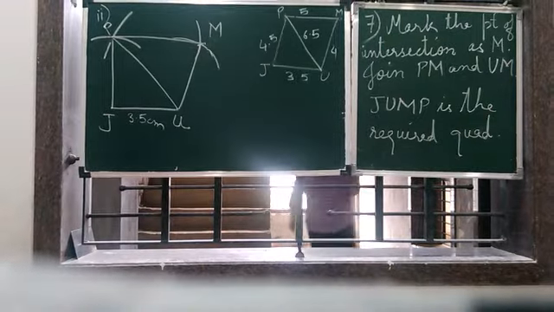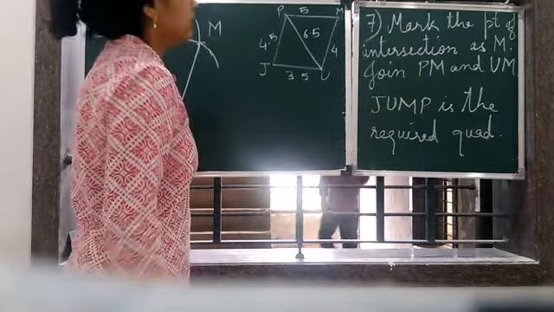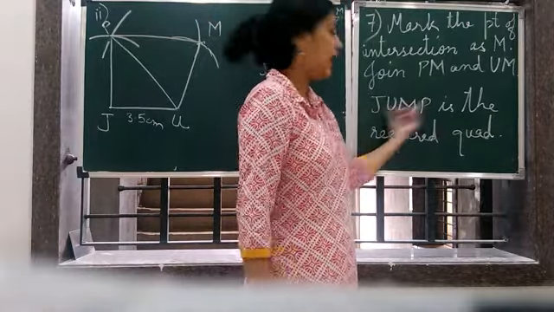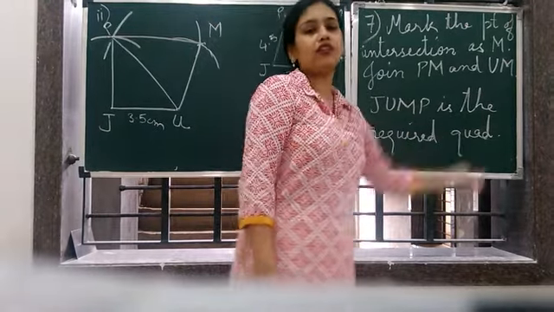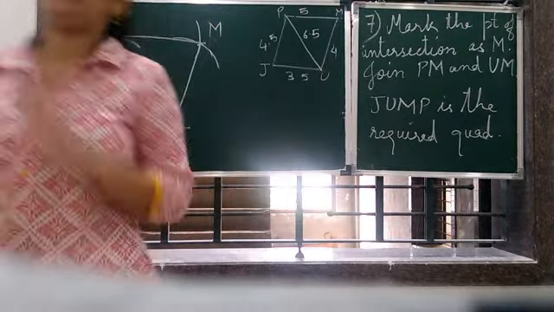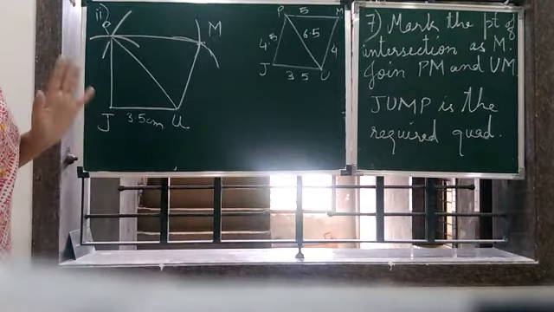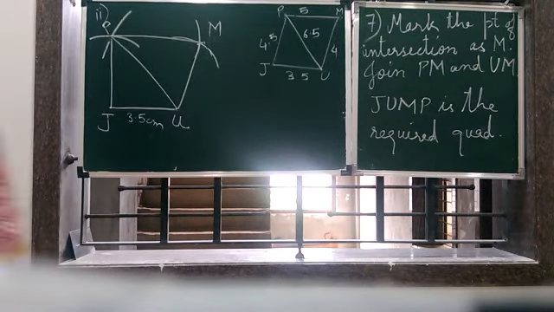Similarly, when we construct any figure, in the end we write the name of it, and that is the required quadrilateral, parallelogram, trapezium, or whatever it is. Okay. So this completes question number 2 of the first question of exercise 4.1. Rest we will continue tomorrow.